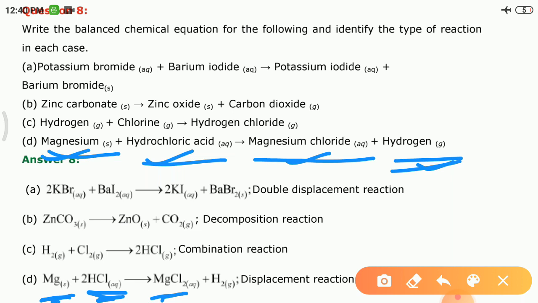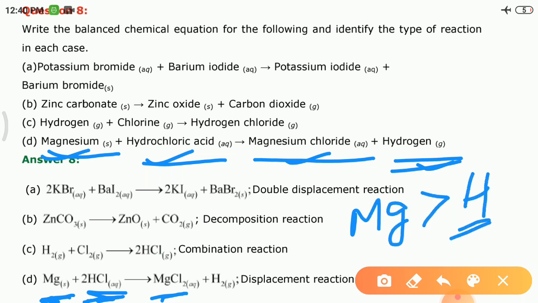Magnesium is more reactive than hydrogen, so it will displace the hydrogen from its salt, combine and make the new salt MgCl2 and hydrogen gas. So it is a displacement reaction.